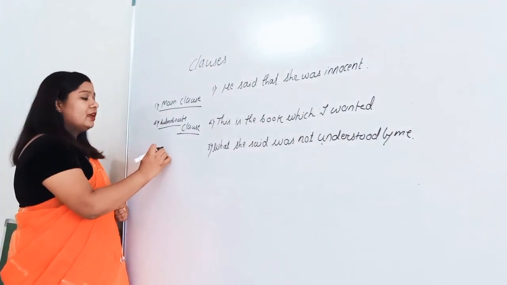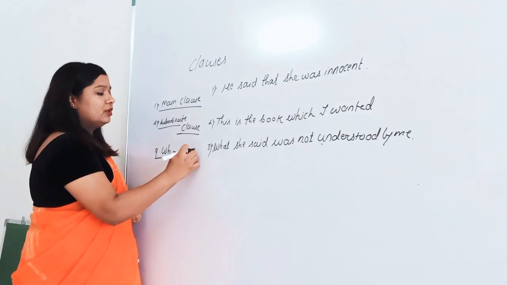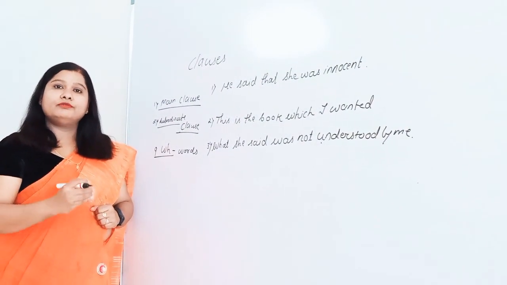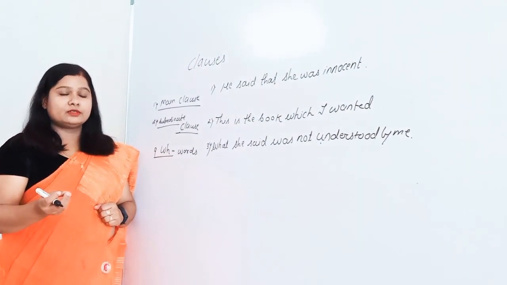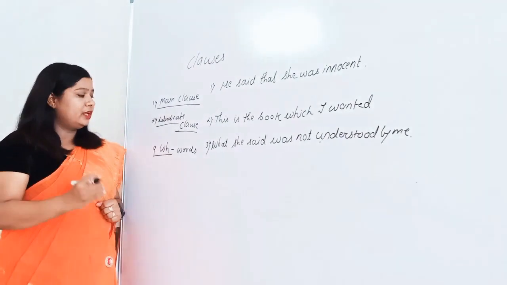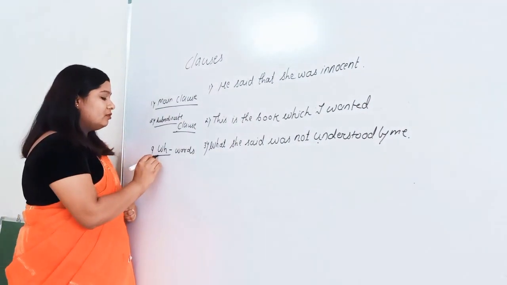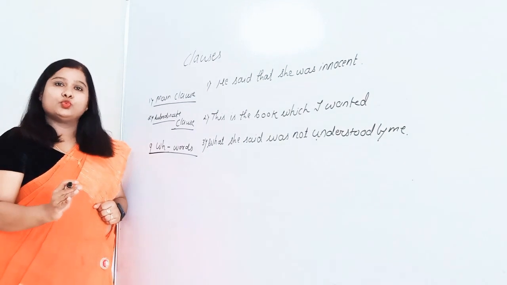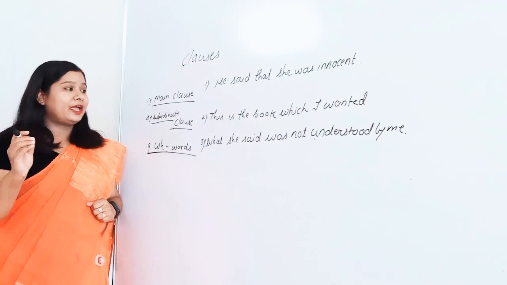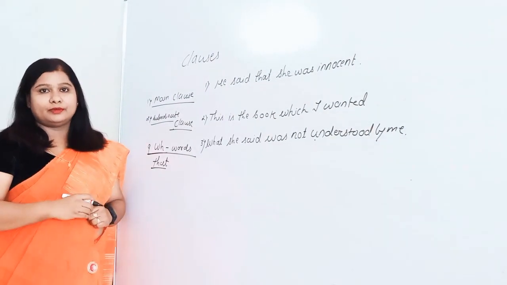Let's see. There are total 9 WH words in English. WH words means the words which we use for framing questions like what, when, how, where. So the part of the sentence which begins with these 9 WH words is called as subordinate clause, as well as subordinating conjunction that is there.